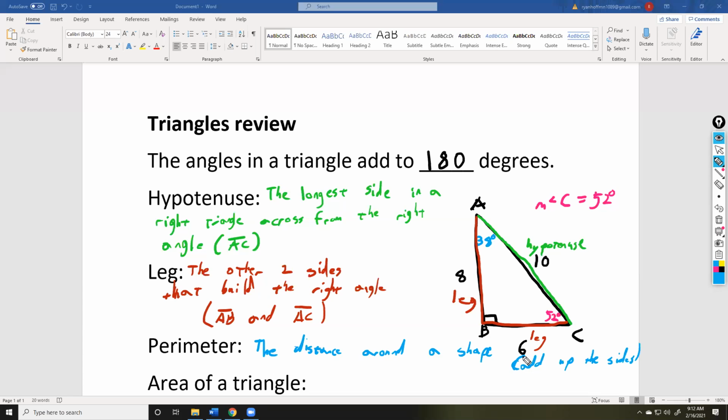And if you didn't know, now you should be able to figure out what the perimeter of this shape is. Adding up all the sides, distance around a shape.